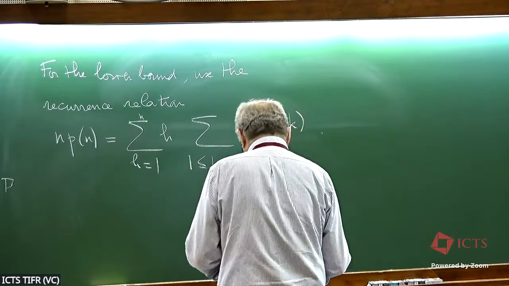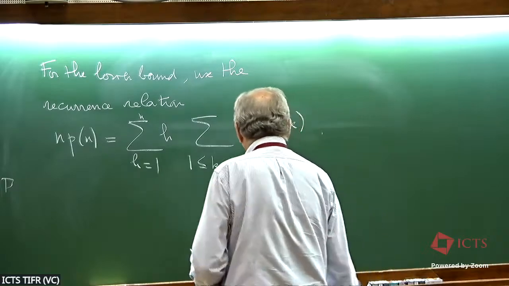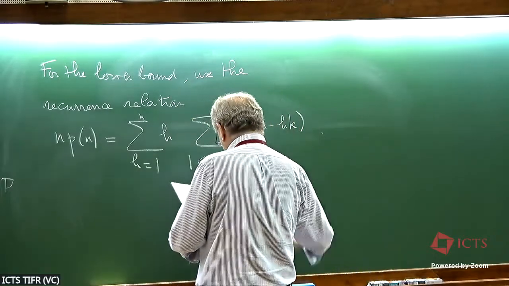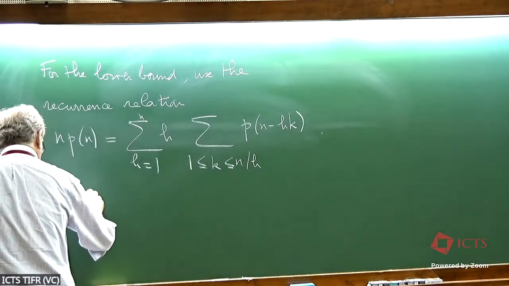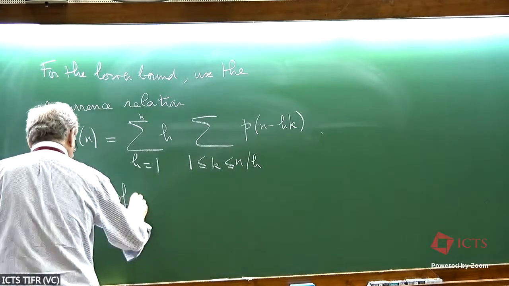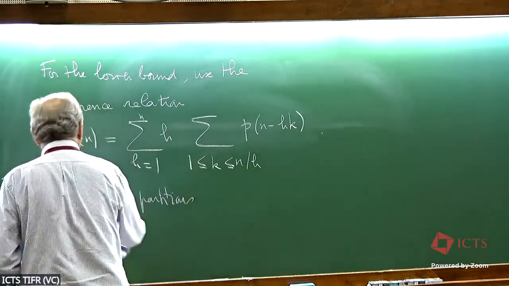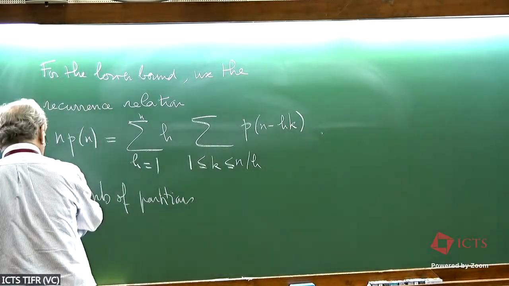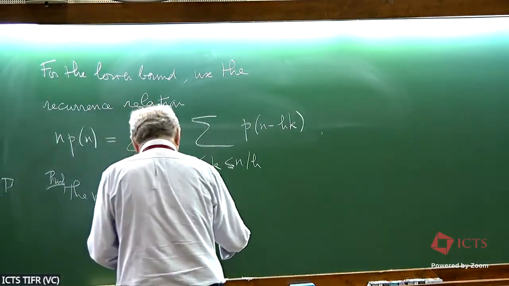Thus, the number of them with exactly 1 time the integer h is P of n minus h minus P of n minus 2h. So this is a proof of the relation.